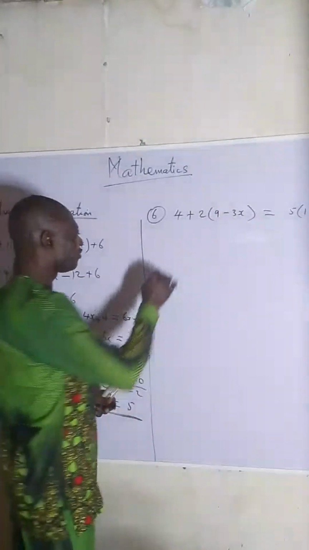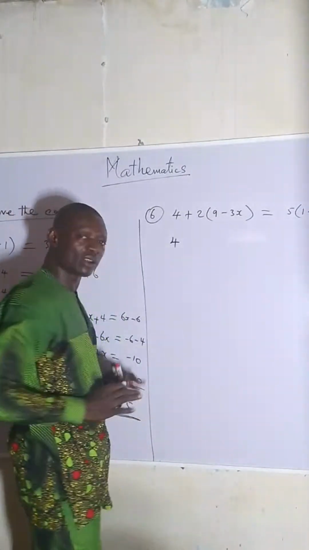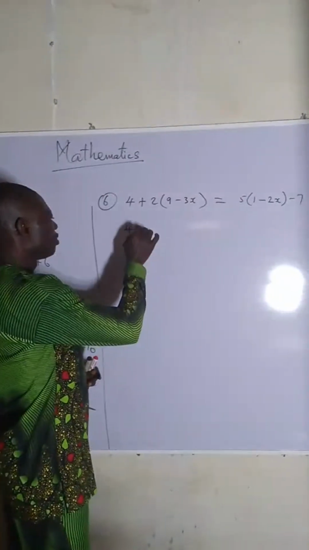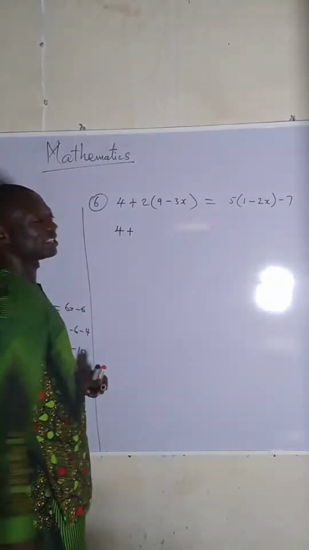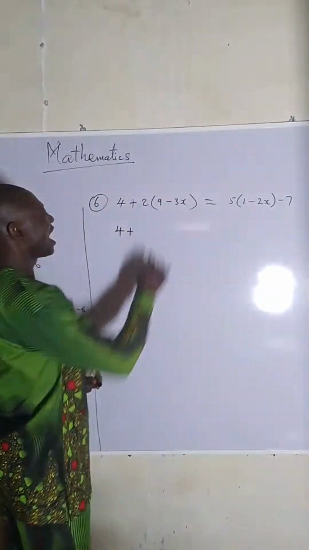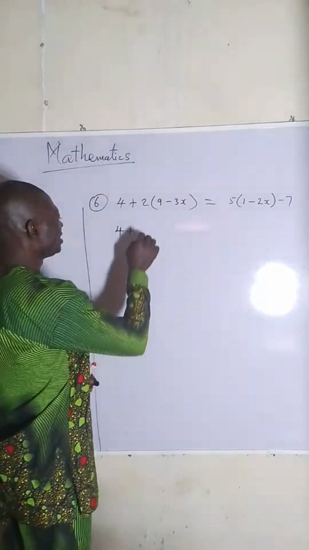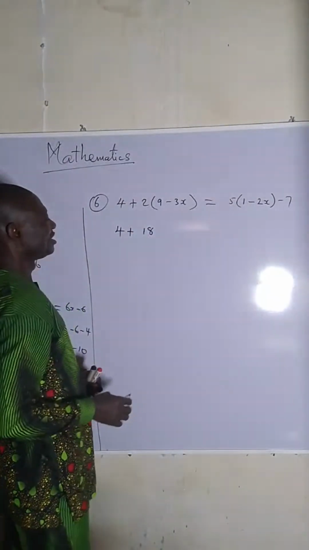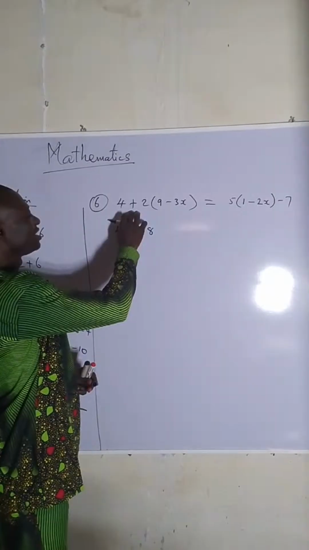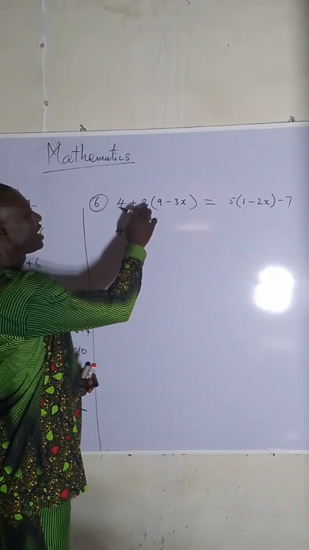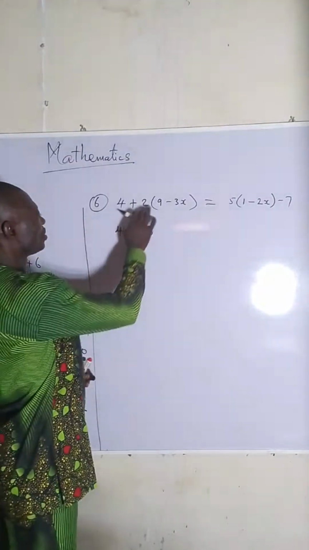We are going to write 4 alone, staying on its own, and have plus, we open the bracket now. We have 2 times 9 is 18. Remember that we write this plus because 2 is no longer the first number.